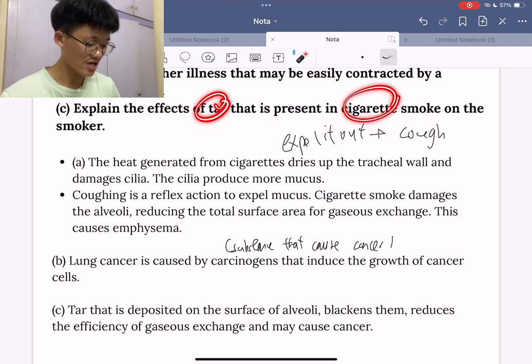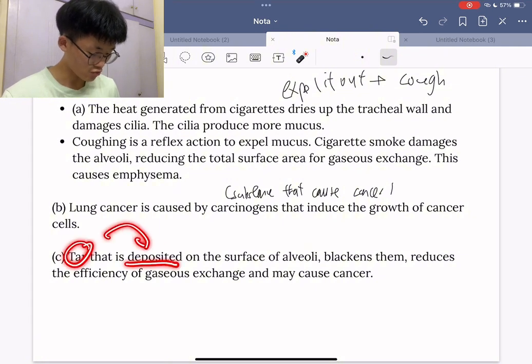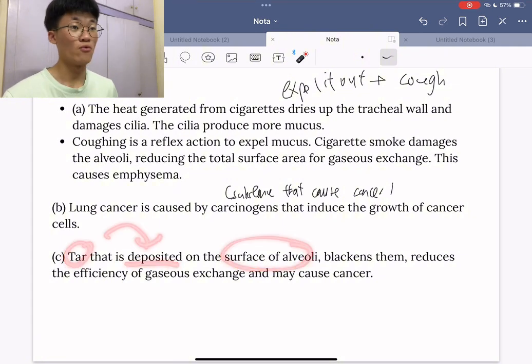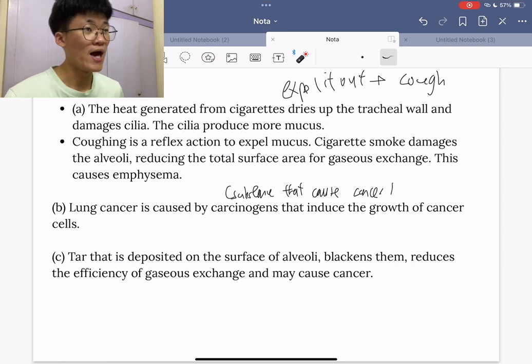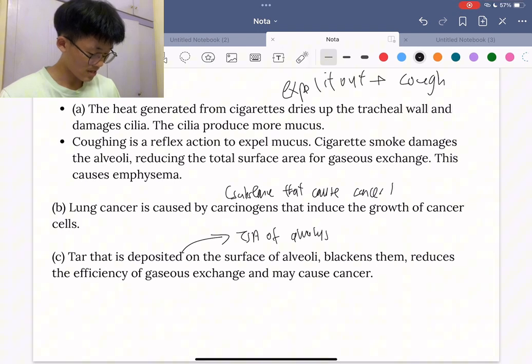Okay, so explain the effects of tar that is present in cigarette smoke. Cigarettes contain tar. Tar will deposit on the surface of the alveolus. This will cause a reduction in the total surface area of the alveolus, and then it will reduce what? Less gaseous exchange.